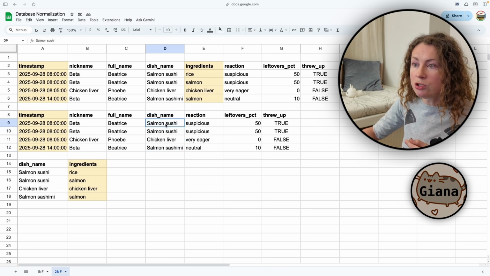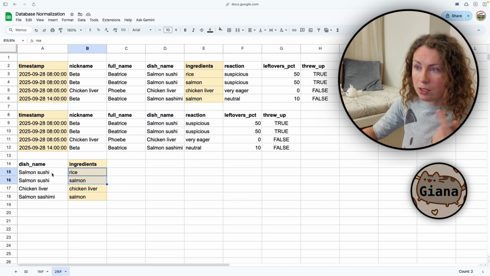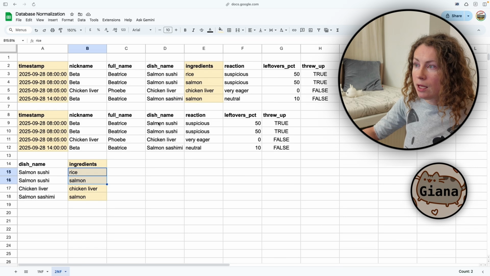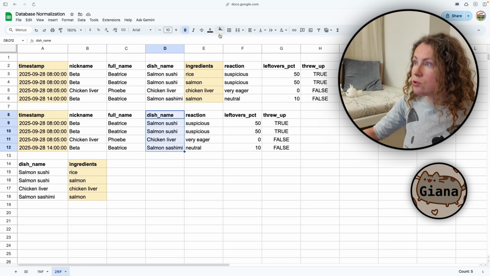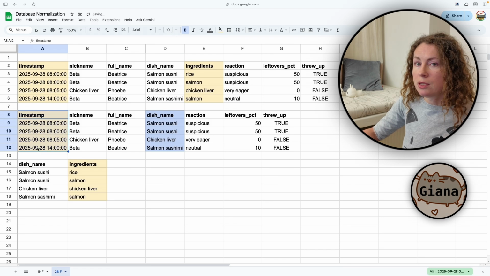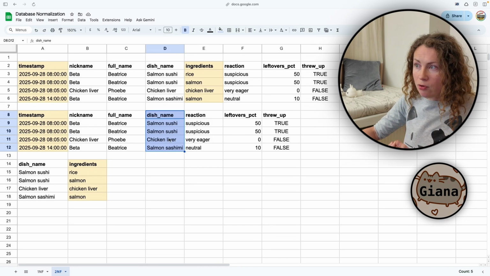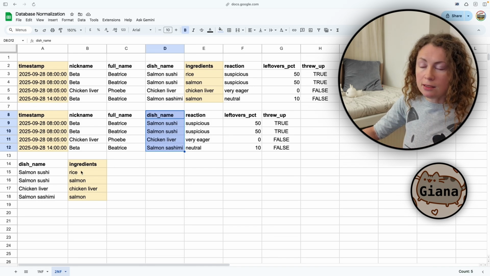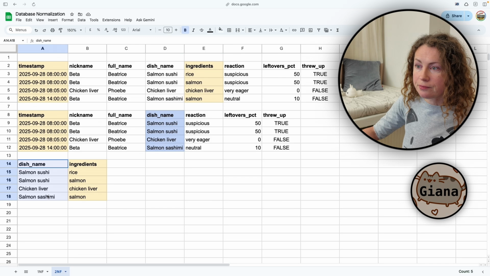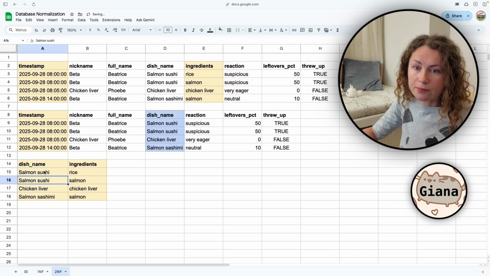If we know what the dish is, then we can go here and from there find all the ingredients. That's the link. And this link is also called a foreign key. So this was the primary key. Then this is the foreign key, which allows us to connect the data from here with the data that's elsewhere. Just like people, they can't live together, but they still share the keys because they still need the relationship.